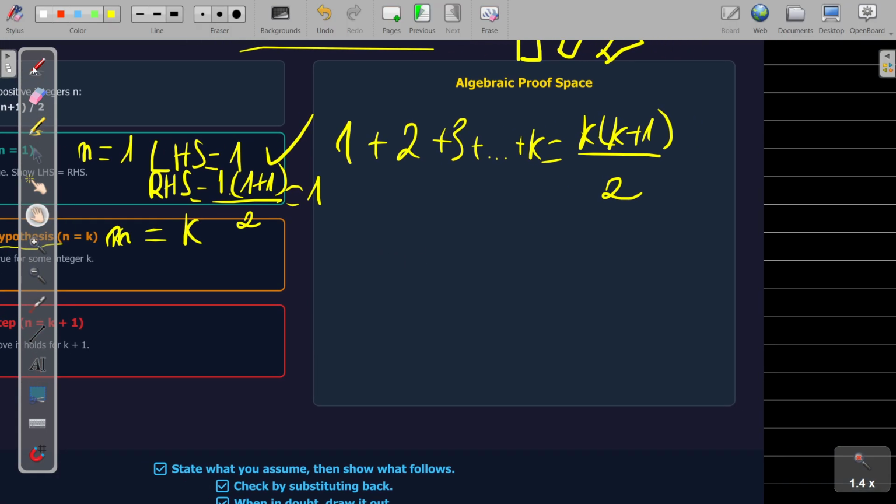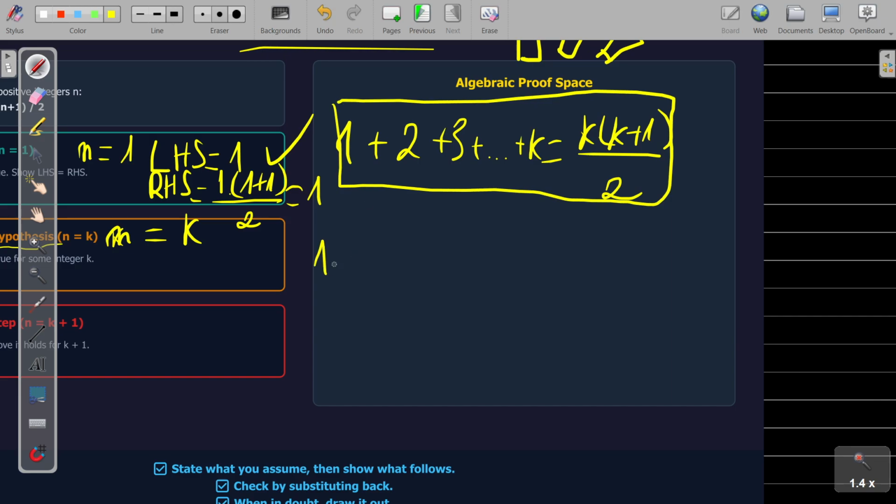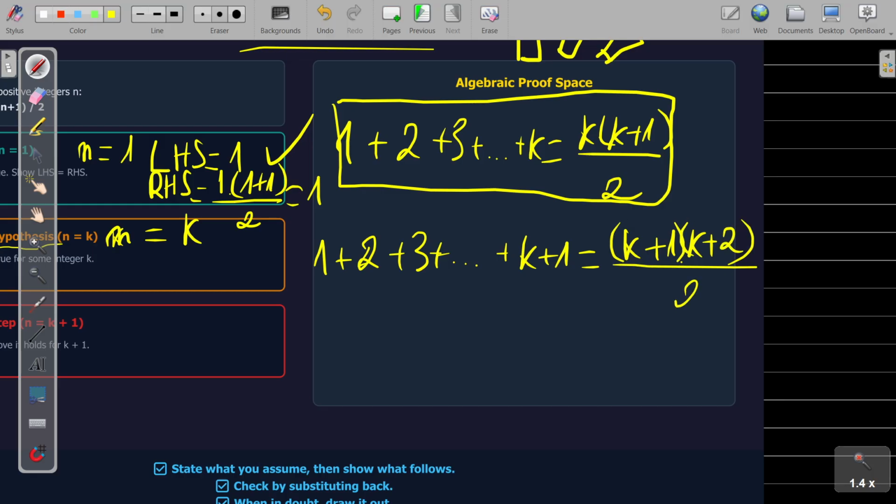With this being true, you have to prove this: 1 plus 2 plus 3 plus dot dot dot plus k plus 1 equals k plus 1 multiplied by k plus 2, divided by 2. If this is true, you also have to prove that this down here is also true. This is where you show what follows. We need to show that the formula holds for k plus 1.